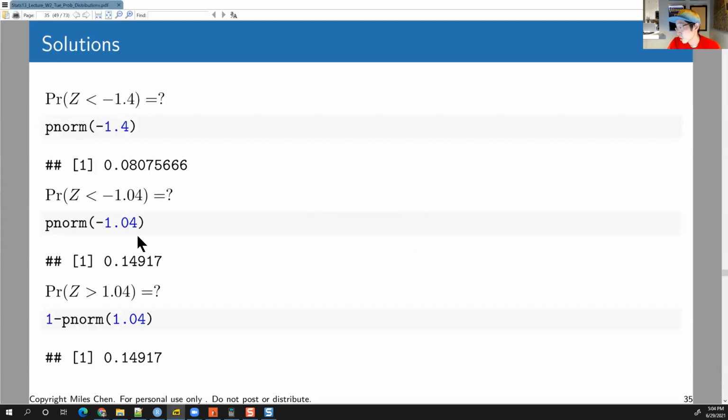So if you did this with R and just got the answers, if you pnorm negative 1.4, you get 0.0808. Negative 1.04, you get 0.1492. Positive 1.04, 1 minus the area to the right of positive 1.04 is also going to be 0.1492.